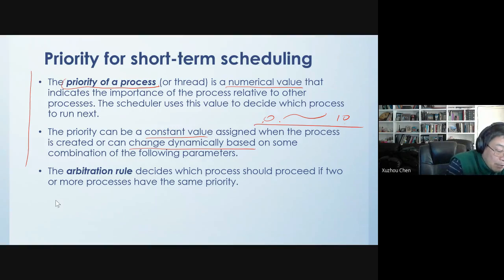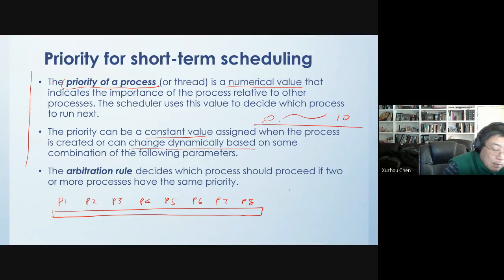So you may have a scenario where you have process 1, process 2, process 3, process 4, process 5, process 6, process 7, process 8. They are all waiting in the ready list, or sometimes I call it the ready queue.